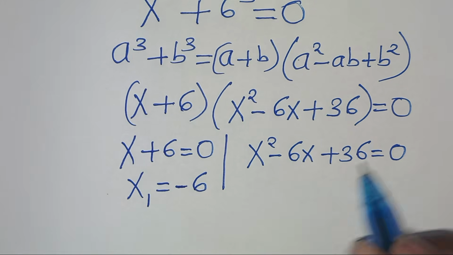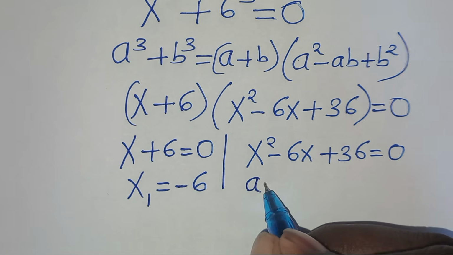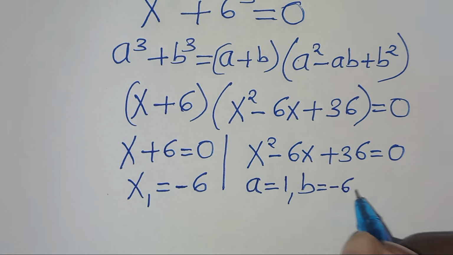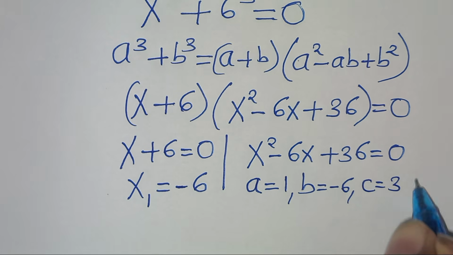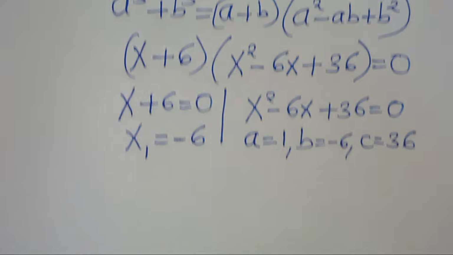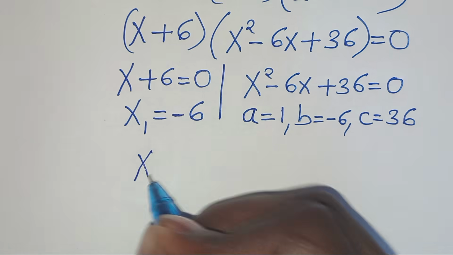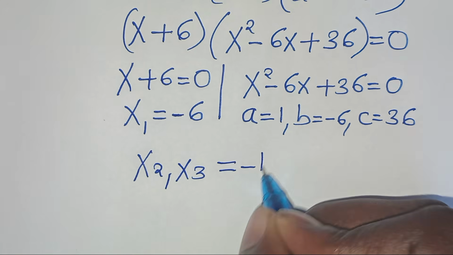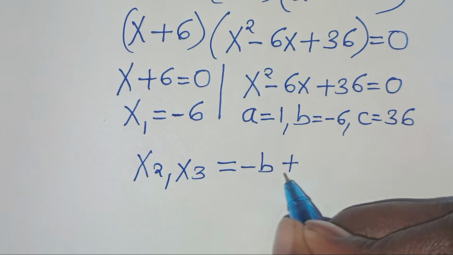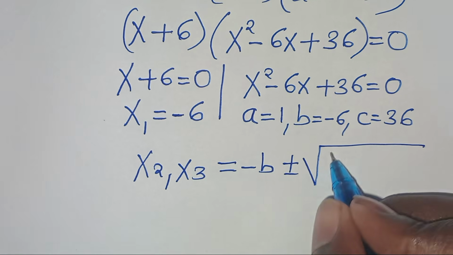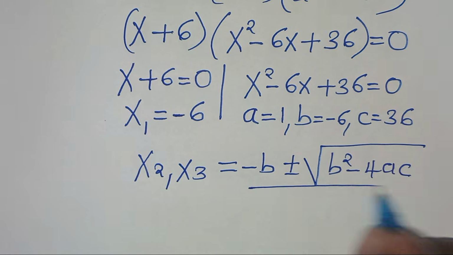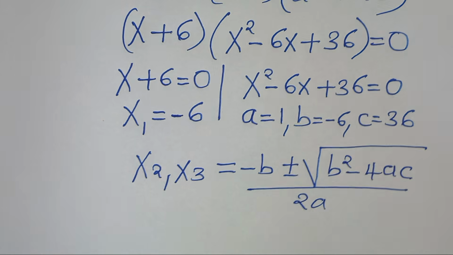The second part here is a quadratic equation where a is equal to 1, b is equal to negative 6, and c is equal to 36. So we can solve for x2 and x3 by applying the quadratic formula, which is minus b plus or minus the square root of b squared minus 4ac, divided by 2a.